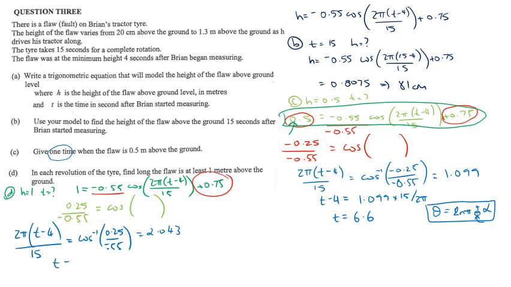So t minus 4 is 2.043 times 15 over 2 pi, and t happens to be 4 plus that. Put that into my calculator and I'll get 8.876.